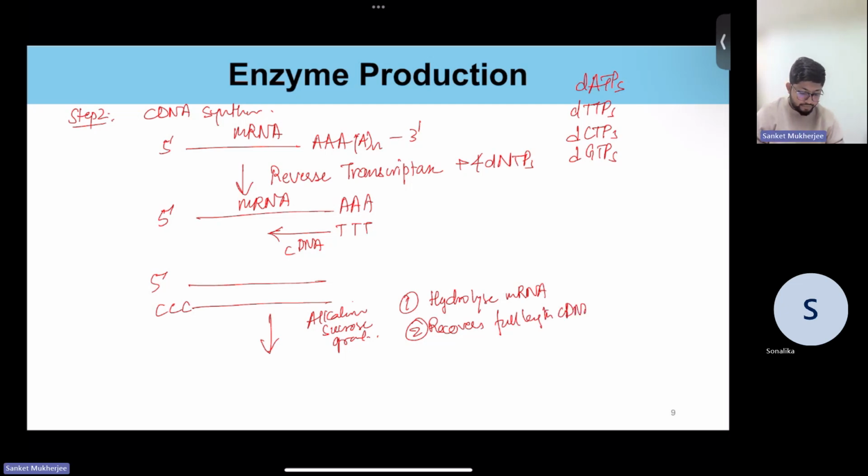So now you only have the cDNA here, CCC, and then you have the cDNA on the 5' end, which will have T's obviously. And then you would add oligo dG, which will be complementary to these C's, and you will actually get the duplex form of the DNA.